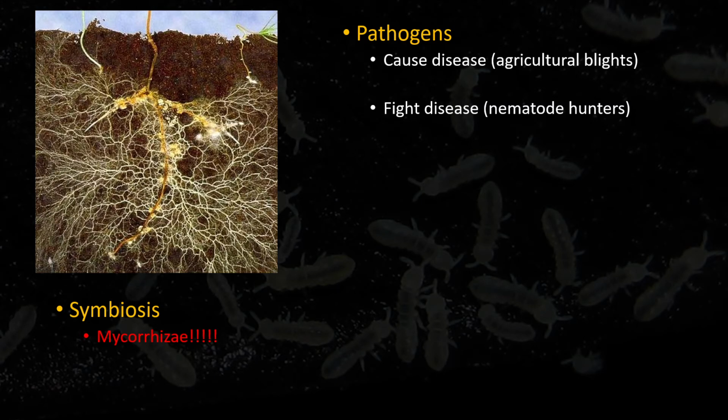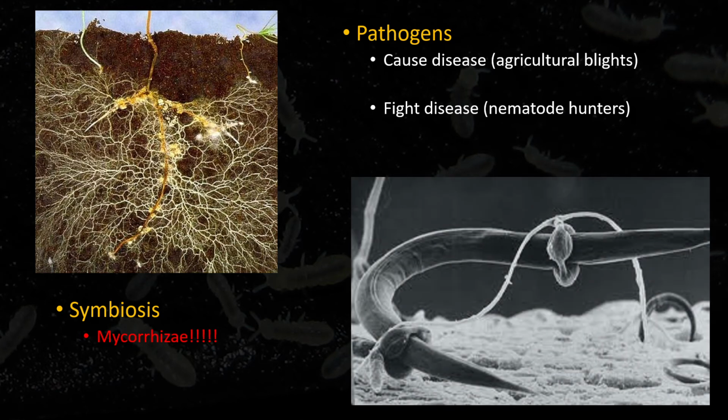We do have some fungus that are pathogens. They can cause lots of agricultural blights on the plants. But some of them actually can fight diseases. This is a fungus that I learned about in my microbiology class years ago that actually traps nematodes. So the nematodes cause a disease in the plant, and the fungus traps the nematode.